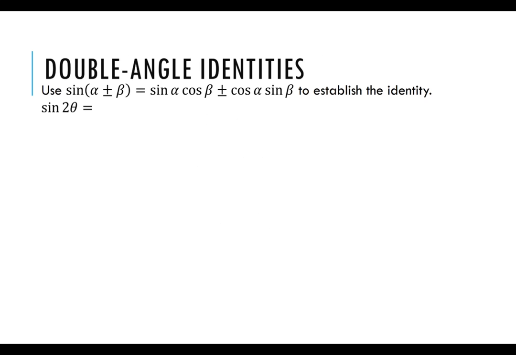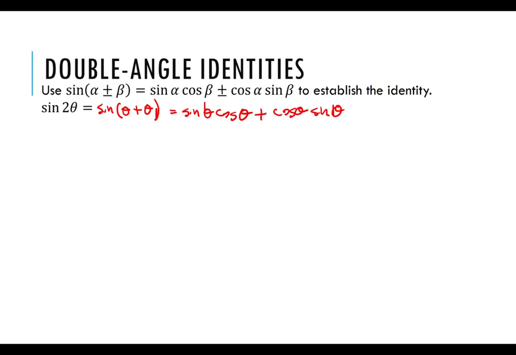And so, if I want to know what is sine of 2 theta, recognize that sine of 2 theta is the exact same thing as sine of theta plus theta. Therefore, it's the same as sine of alpha plus beta, where alpha and beta are just equal. That's all. So, therefore, this is then going to be sine of theta cosine of theta plus cosine of theta sine of theta.